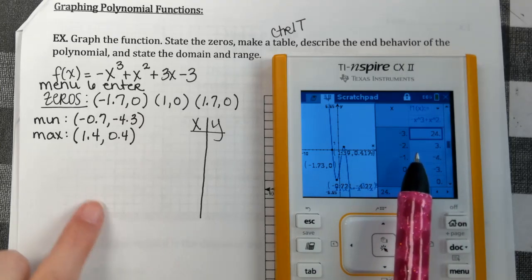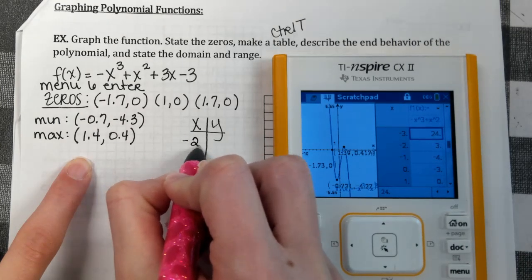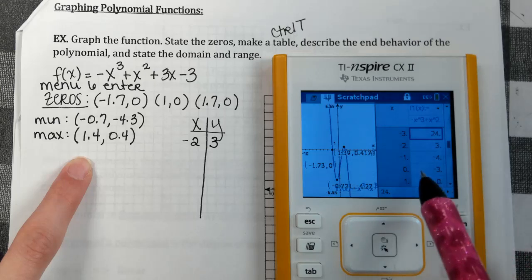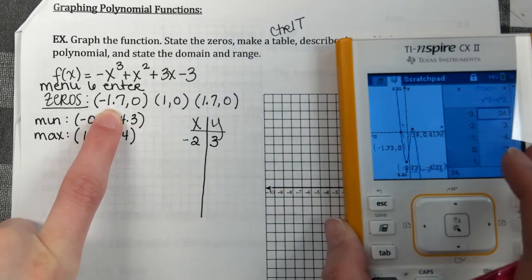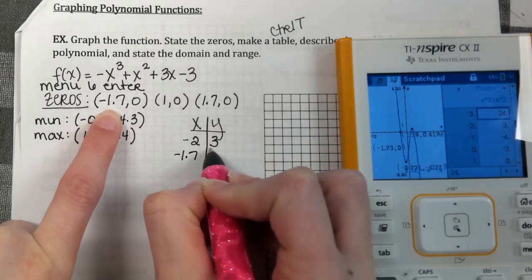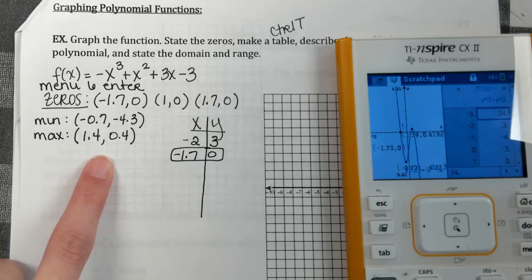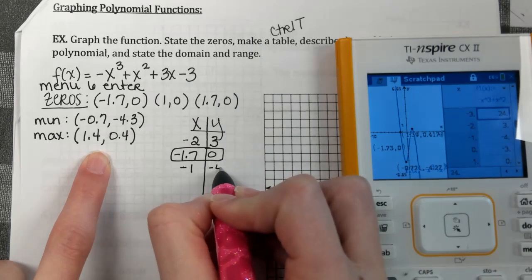But you can start with that negative 2, 3. And then before you do the negative 1, negative 4, you have to also include the points we just found. So I'm going to have negative 1.7, 0. Then my negative 1, negative 4.